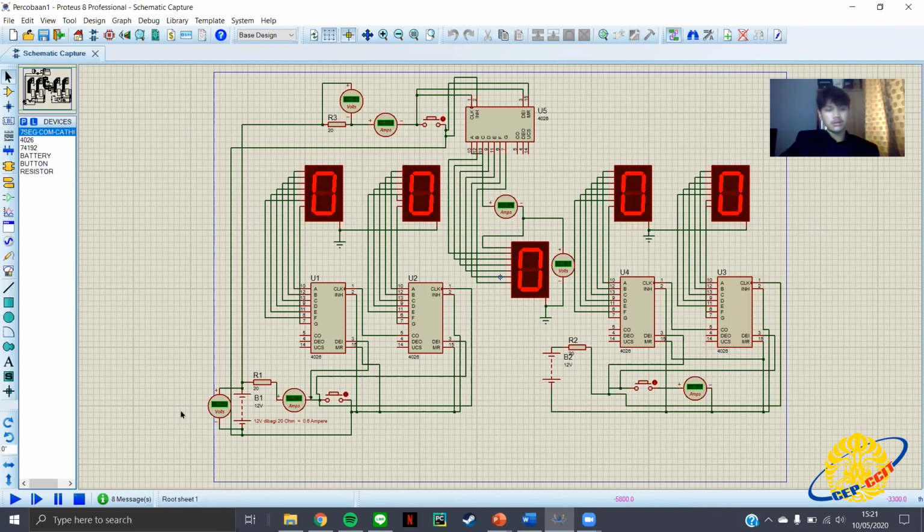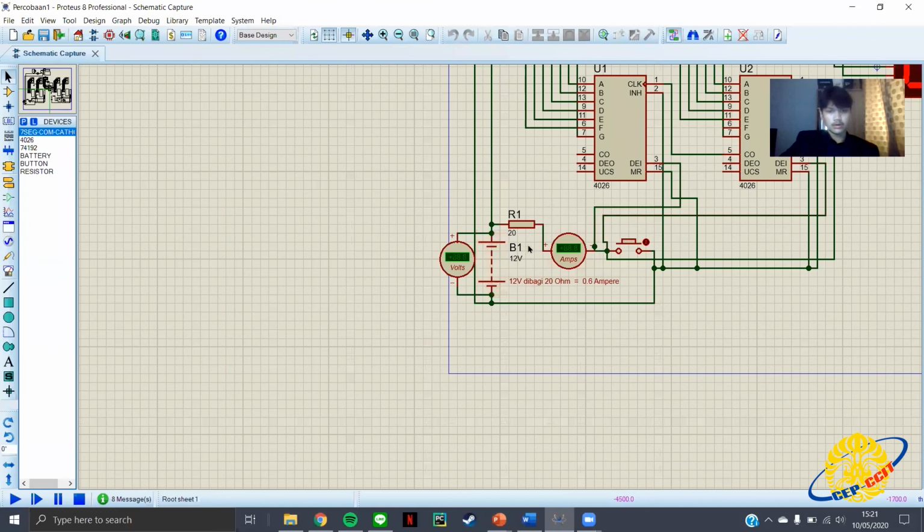Okay, this is our circuit, and here we have a 12 volt battery and a 20 ohm resistor, and the ammeter is 12 divided by 20, so the ampere is 0.6.